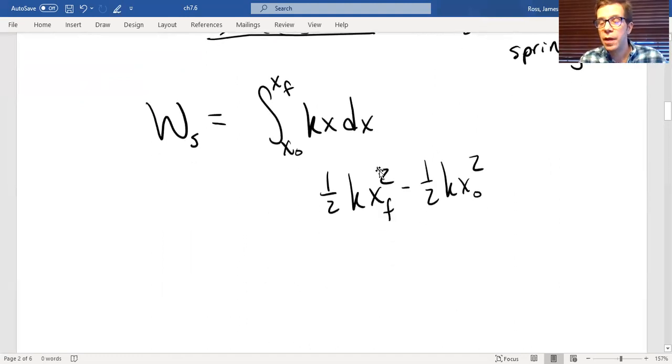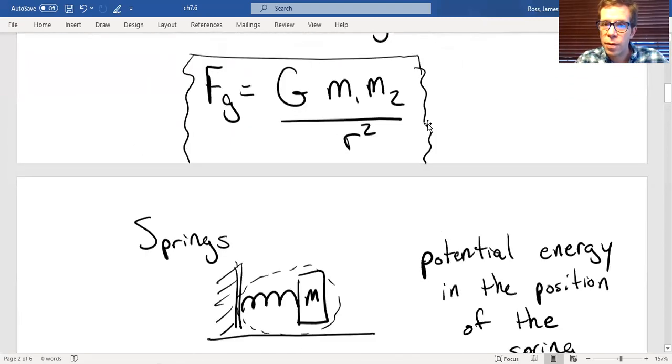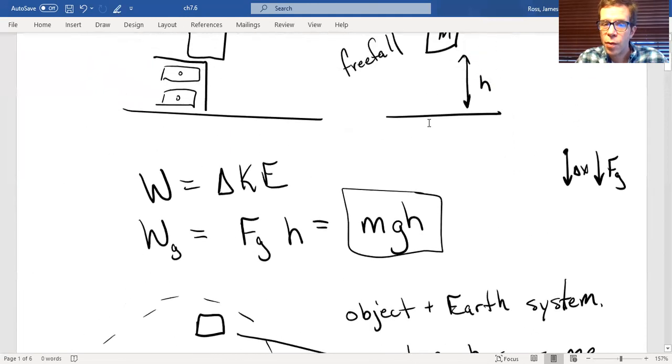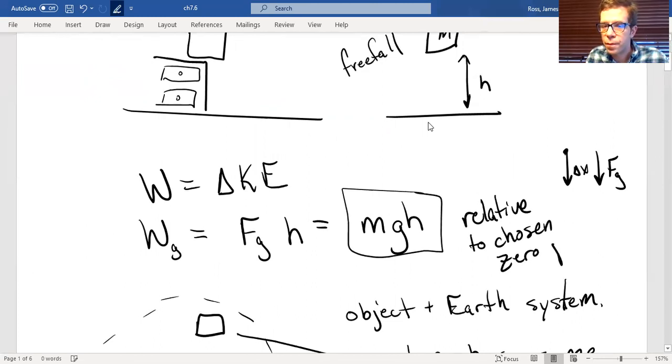So if we talk about this in terms of the energy, remember for the gravitational situation, we said that this is relative to a chosen 0 point. I said it, I didn't write it, now we've written it.